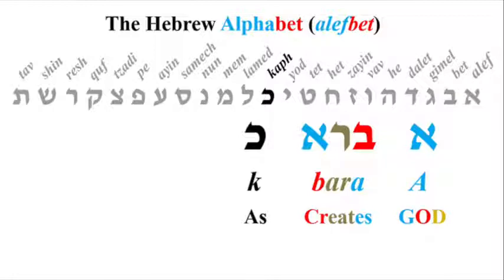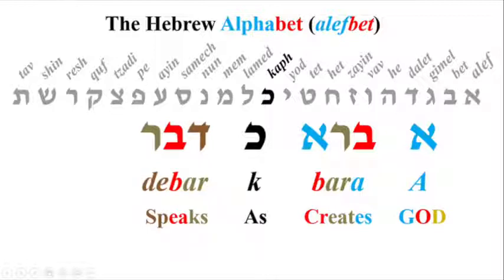And Kaph is just the K sound, as. Dabar is speak, words, speak. We get the word Debarim, Deuteronomy, from Debar. It's the plural of Debar. And again, an Aleph at the end, Aleph is God. So this little phrase, it's not actually Hebrew because Aleph is not the Hebrew word for God, but it represents God. But you could pronounce this out as bara, ka, dabar, ah.